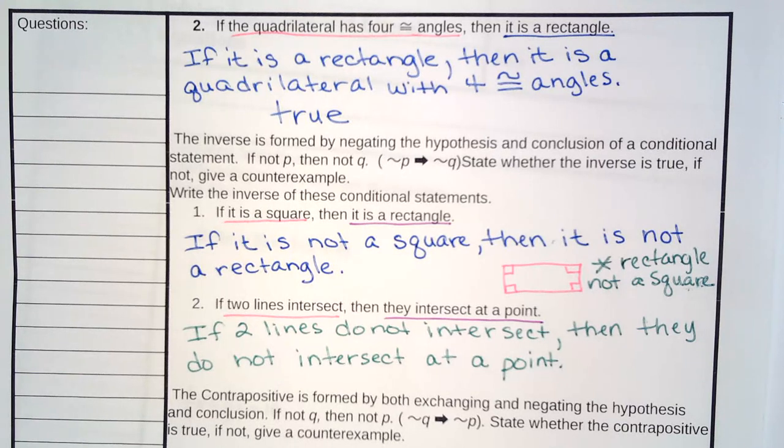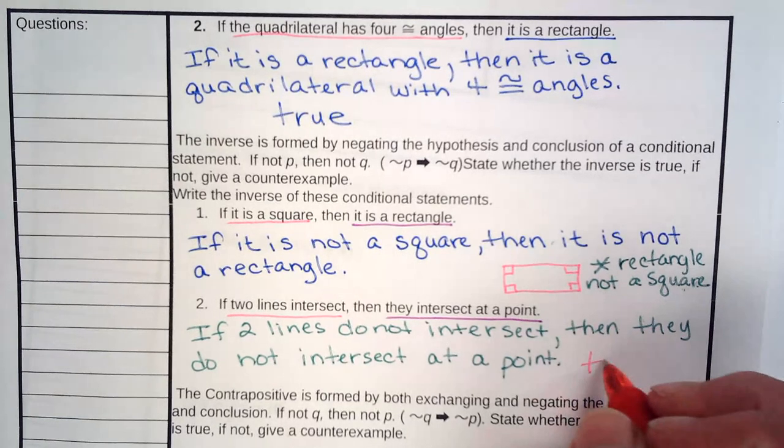Okay, so they're not going to intersect. Will they ever touch? No, they will not. So that is a true statement. They'll never ever touch. So this will be true.